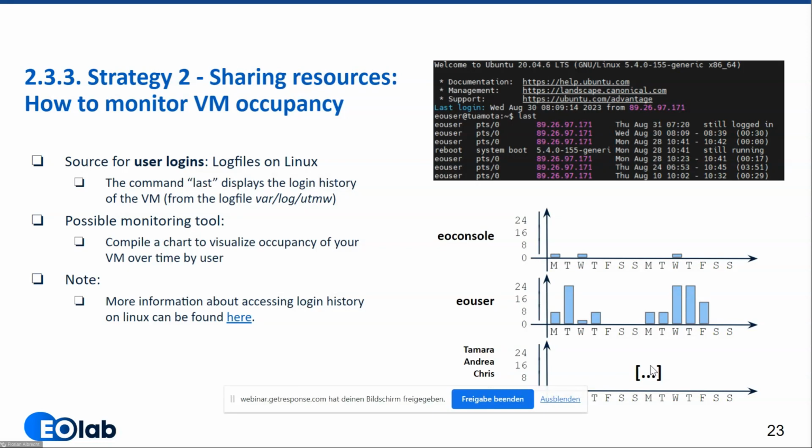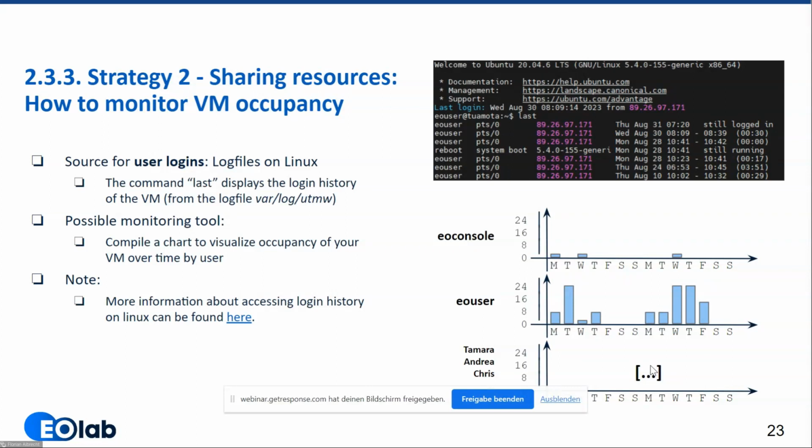So if you go to Linux and type the command last, then the login history of your virtual machine is presented. And from this login history, you can prepare your monitoring tool. You compile a chart to visualize occupancy of your virtual machine over time by user.